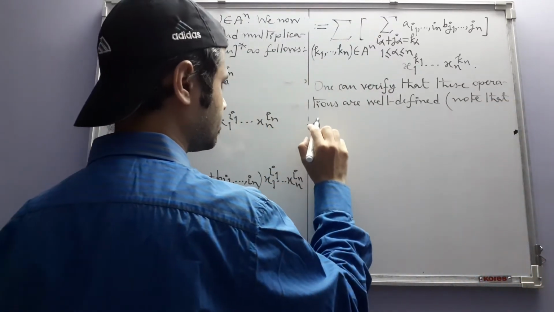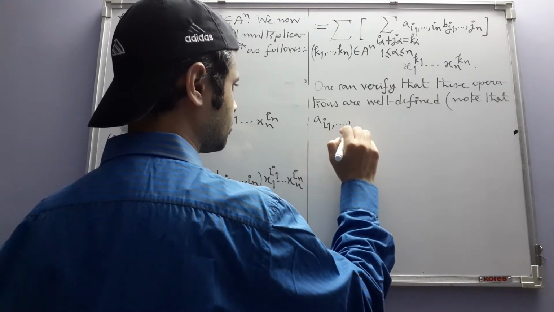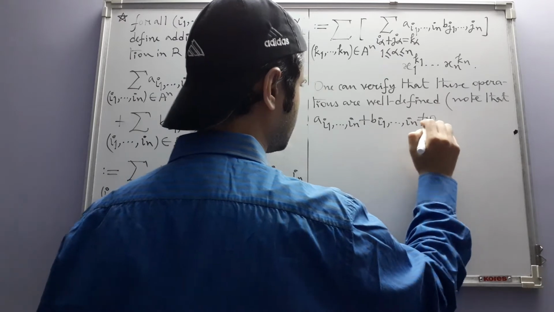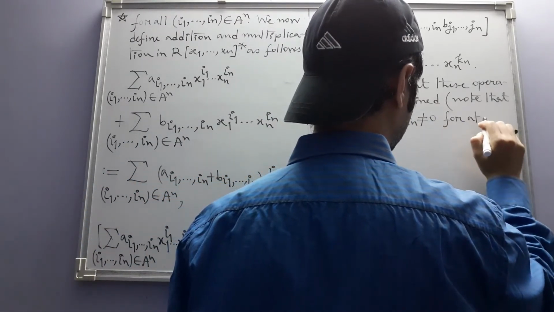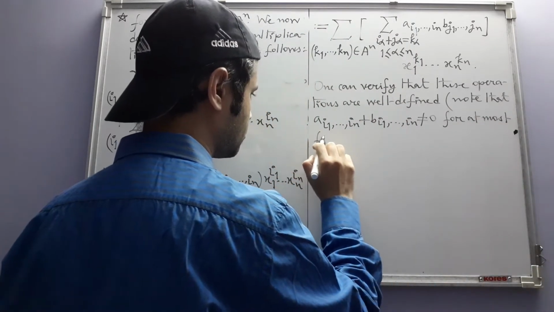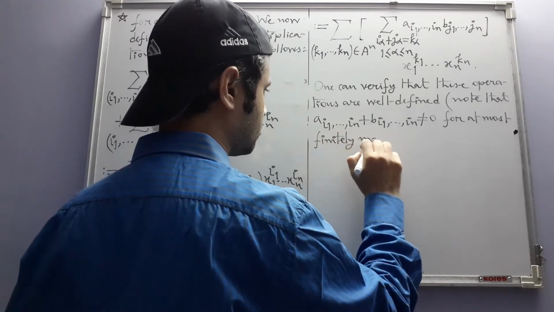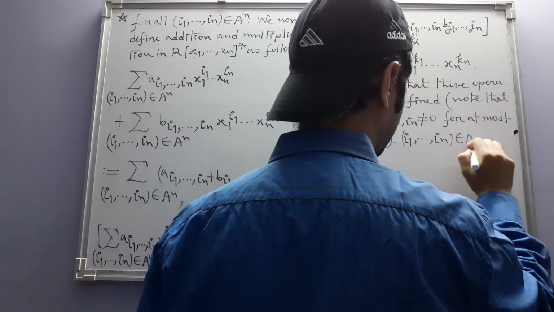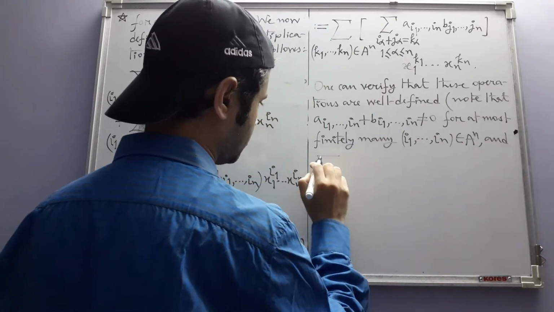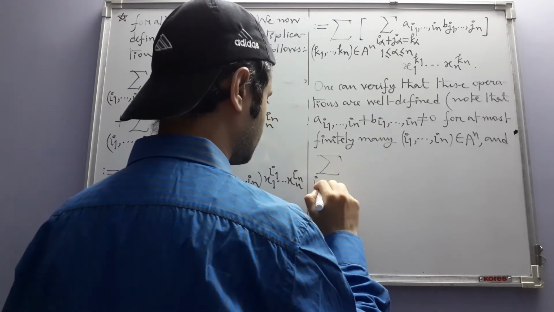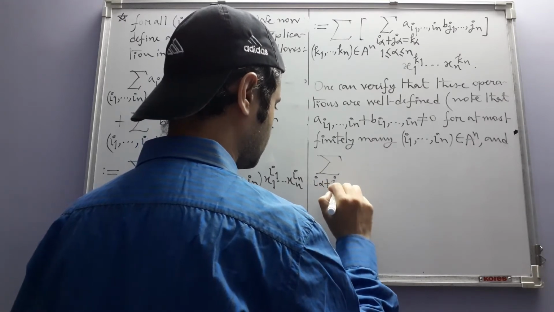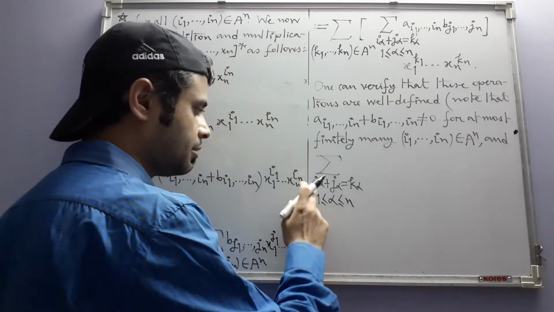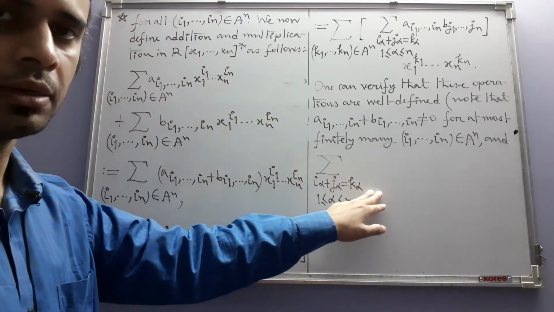Note that this is not equal to 0 for at most finitely many vectors in An, and if you want, you can write these conditions in a single line separated by a comma.